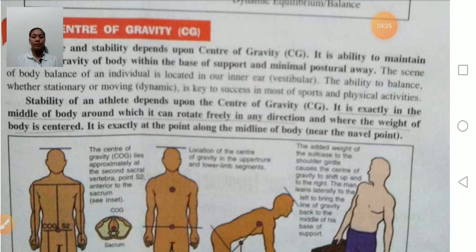It is exactly at a point along the midline of the body, near the navel. And in sports, the person who has the ability to balance himself, whether stationary or moving, has the key to success in sports and physical activity.